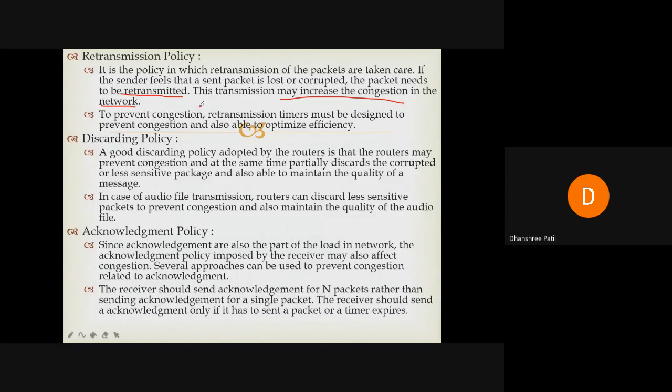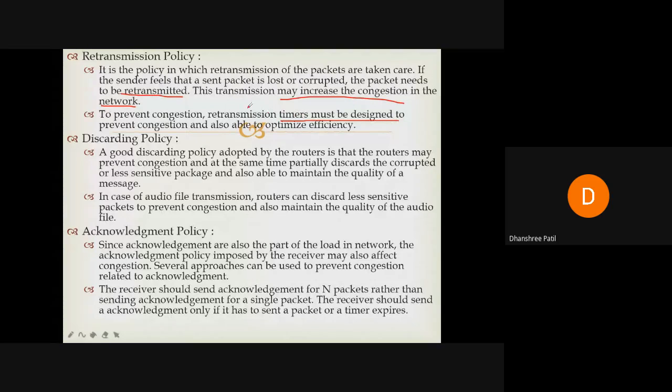So to prevent this type of congestion, retransmission timers must be designed.